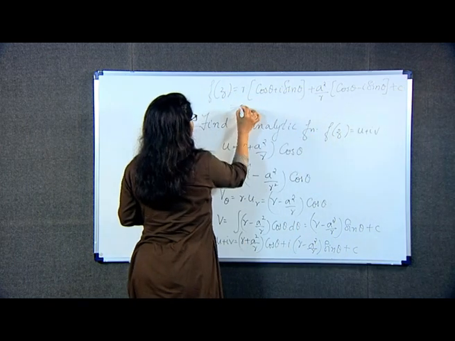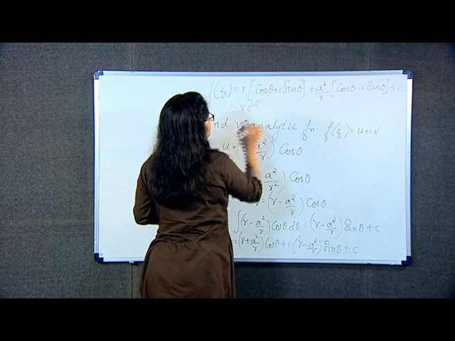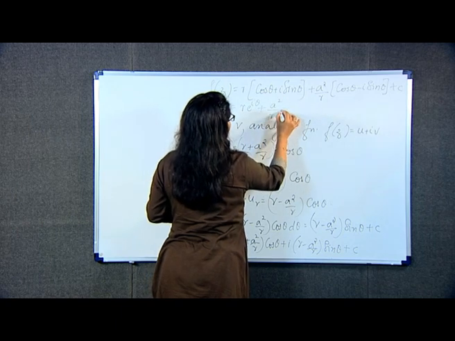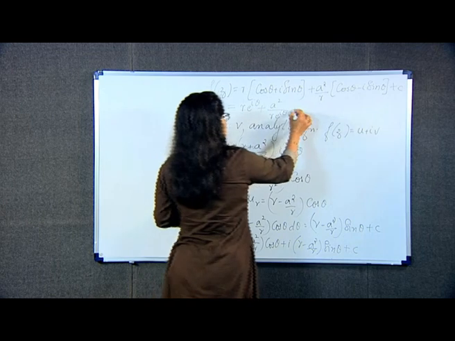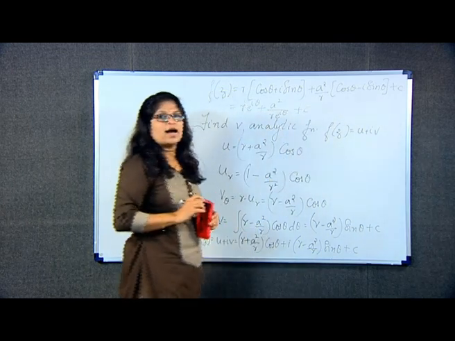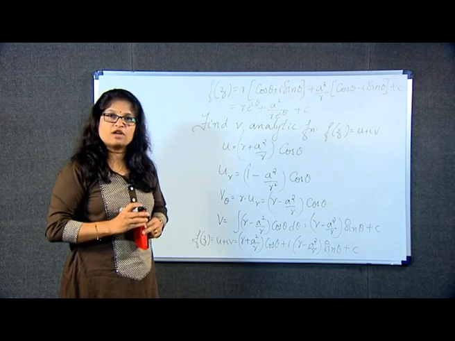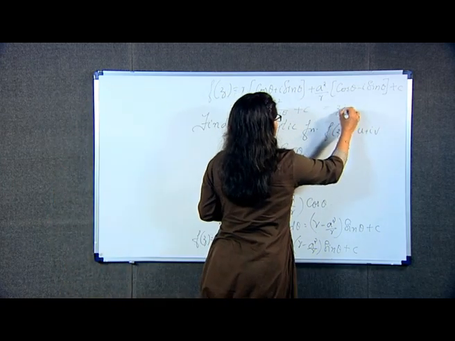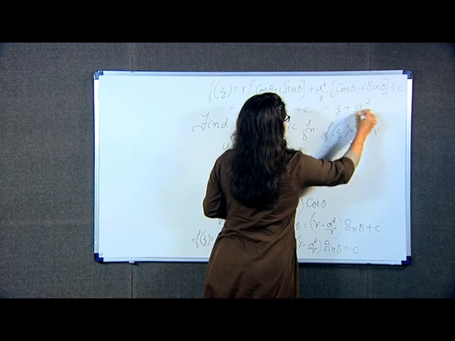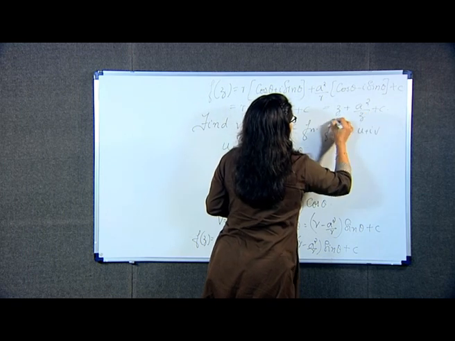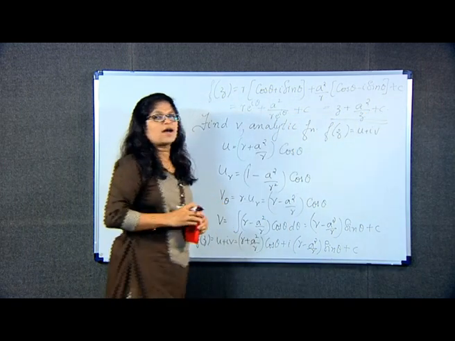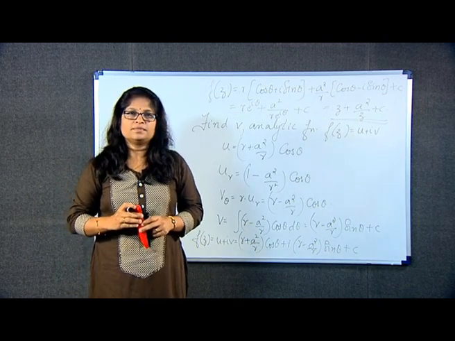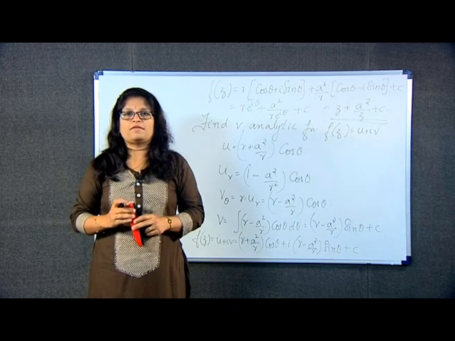So, you get this as r e raised to i theta plus a square by r e raised to minus i theta, plus c. And you know that r e raised to i theta is the exponential form for your z. So, I can replace it by z, which gives z plus a square by z plus c. This is how you find your f of z once u is given in the polar form.